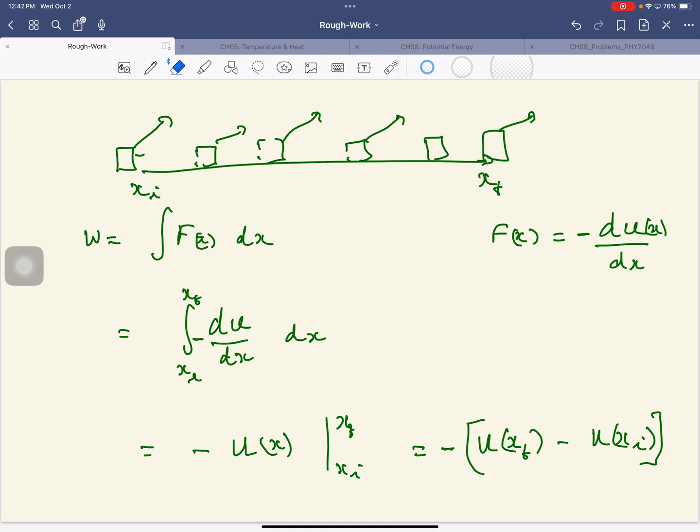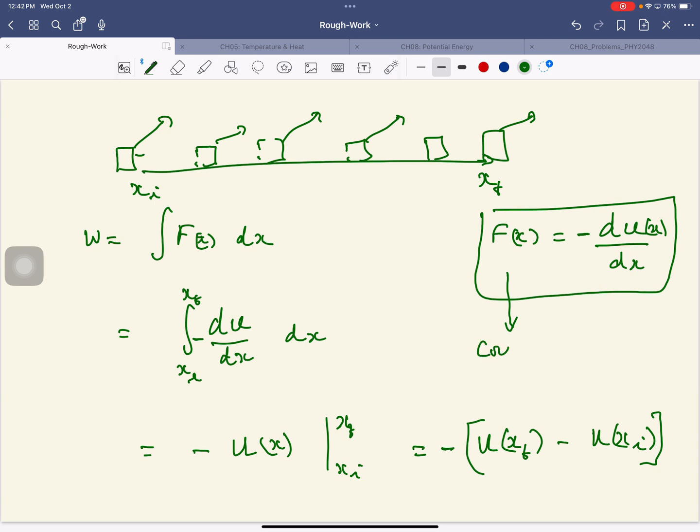All right, so if you have such a force, we even give it a special name. This force is called a conservative force. And if you cannot express a force like that, then it's a non-conservative force.